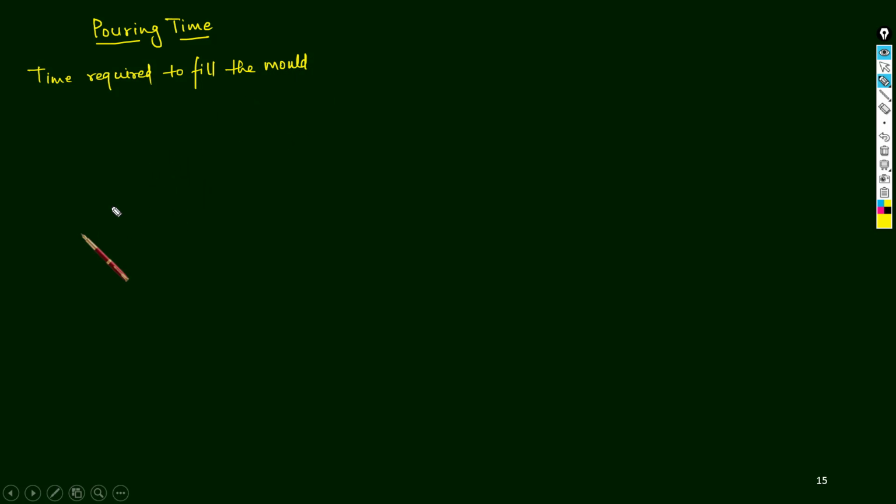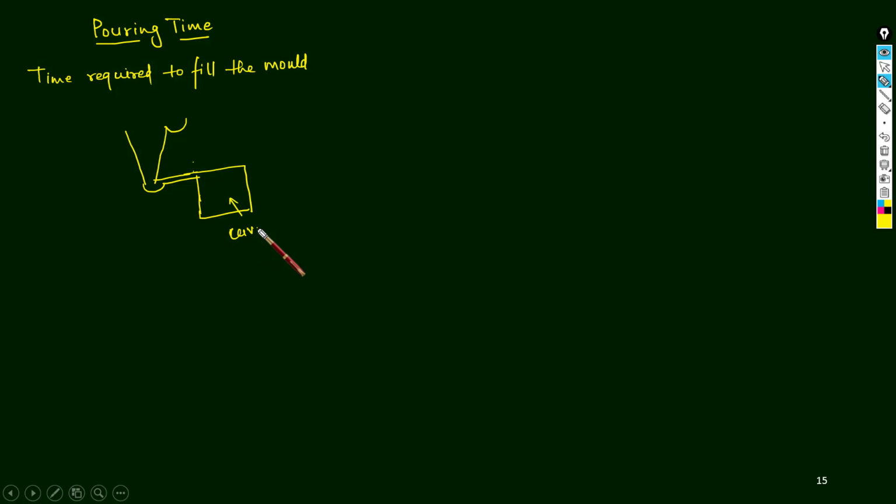Okay, so if this is the mold, let's suppose this is a pouring basin, and here is the sprue, and this is runner, and through this runner this gate is there, and through gate we enter into mold cavity.